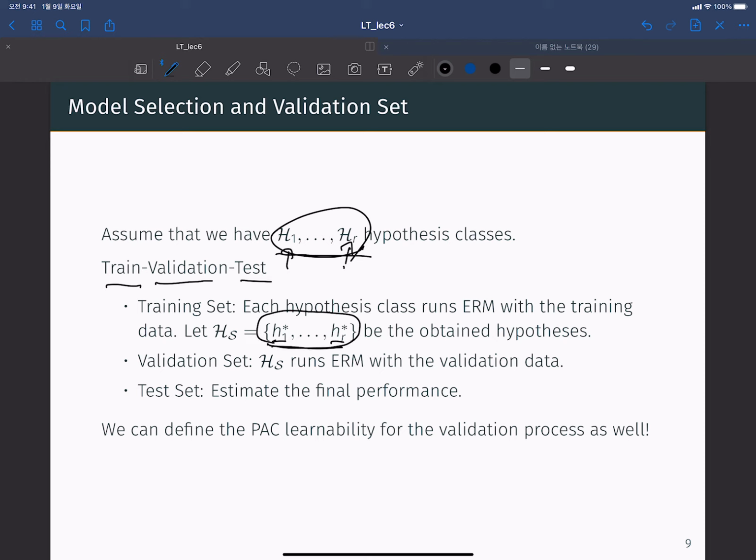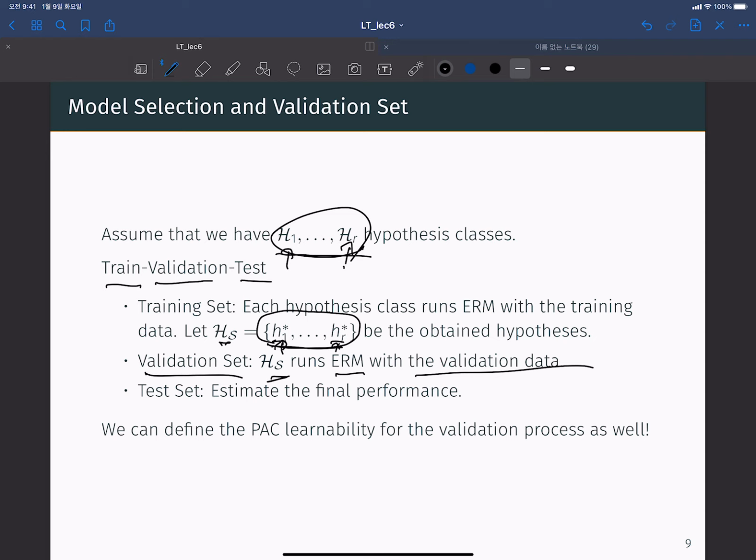So we usually use a validation set to test H1 star to HR star, the representative hypothesis for each hypothesis class. The selected hypotheses learn the ERM rule again with the validation data. Using the validation data, we can estimate the test error of each H1 to HR star, and then find the best one.